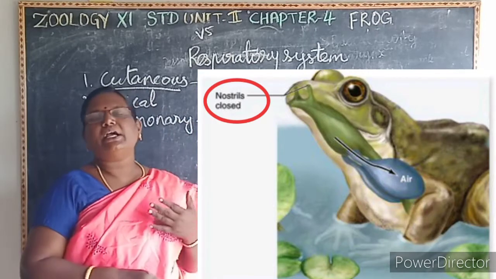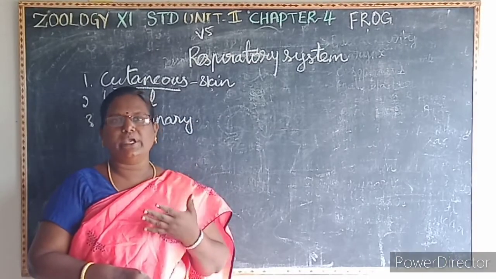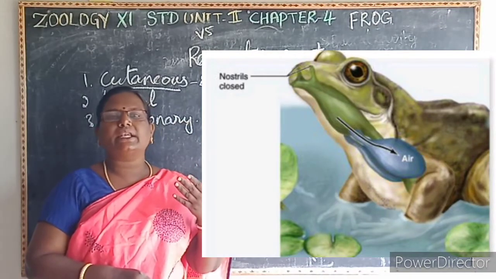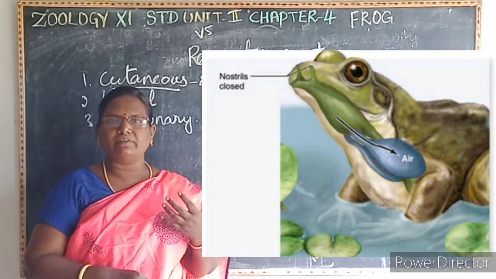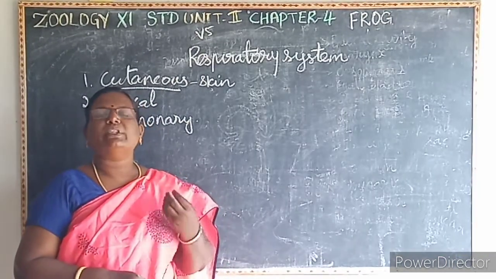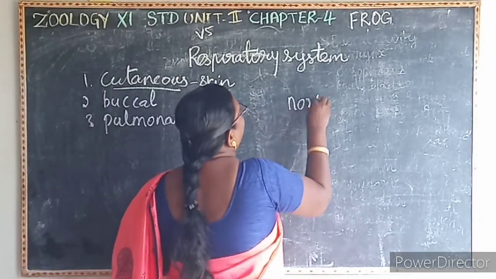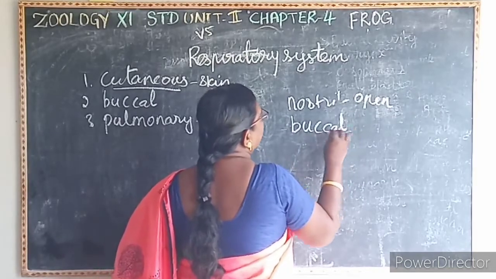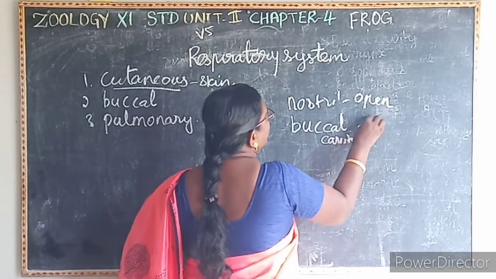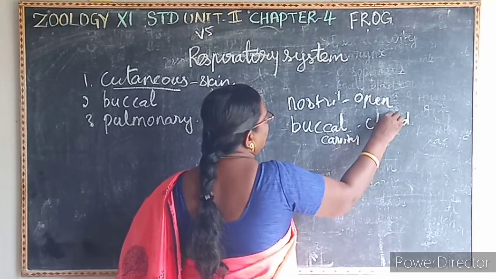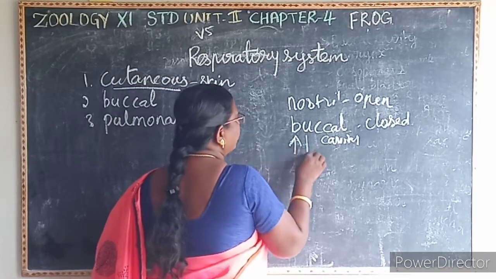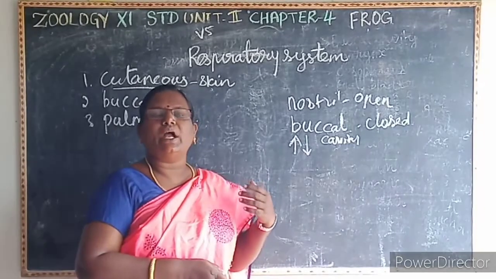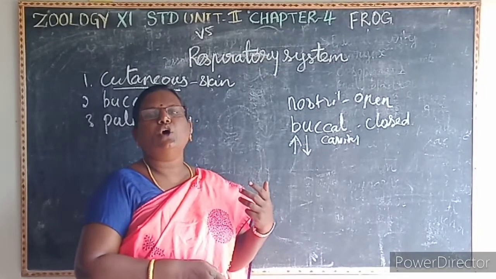So the floor of the buccal cavity is alternately raised and lowered, and air is drawn into and expelled out of the buccal cavity through the open nostrils.